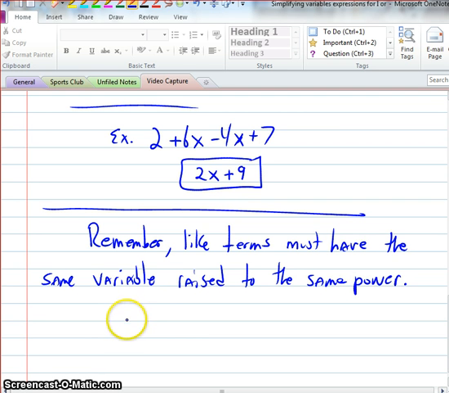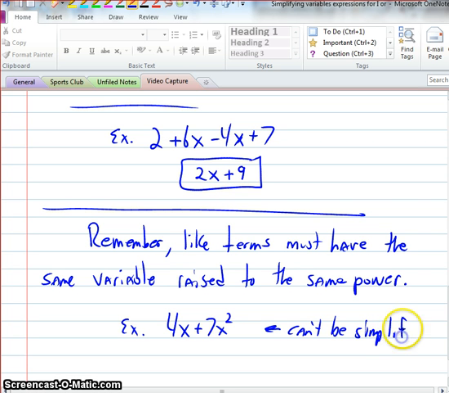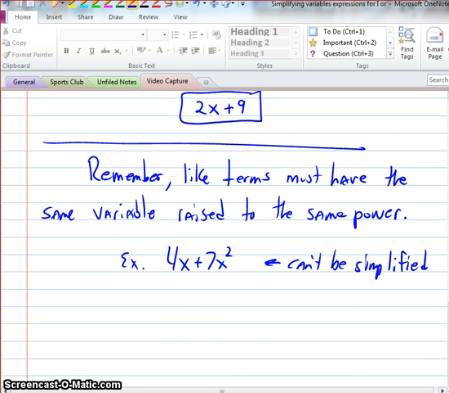And what I mean by that is, say you were given the problem simplify 4x plus 7x squared, you'd simply have to answer, well, that can't be simplified, because you have to have not only the same variable, but it has to be to the same power for them to be considered like terms.